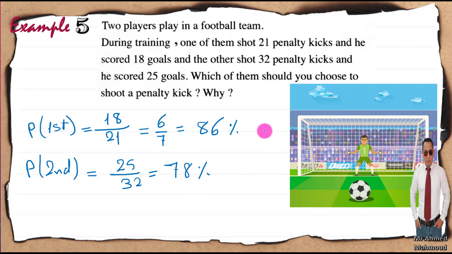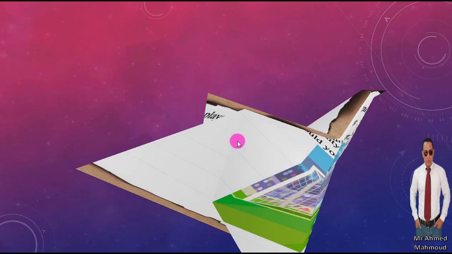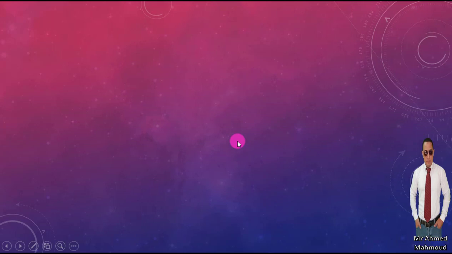Which one is better? The first one, because his probability is greater than the second: 86 versus 78. So this is the need for the experiment in experimental probability. It gives accurate data. Now, example 7.